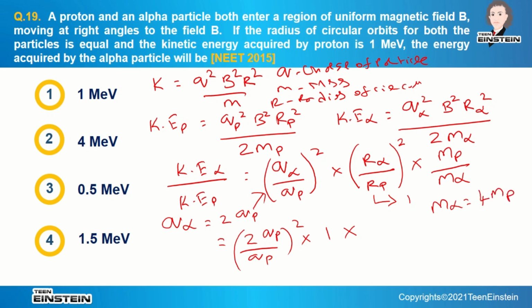So this will become mp by 4 mp. The qp and qp will get cancelled, so you will have 4 by 4, which is equal to 1. So the correct answer is the energy acquired by the alpha particle will be 1 mega electron volt. So the correct option is option number 1.